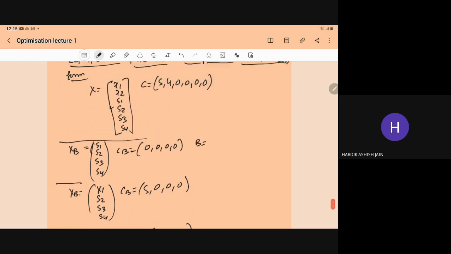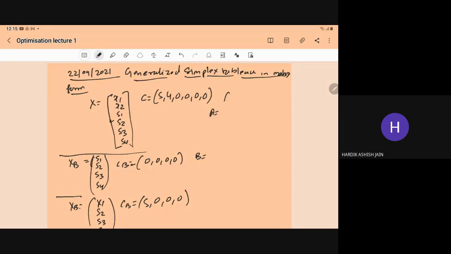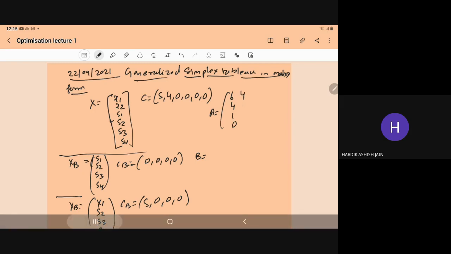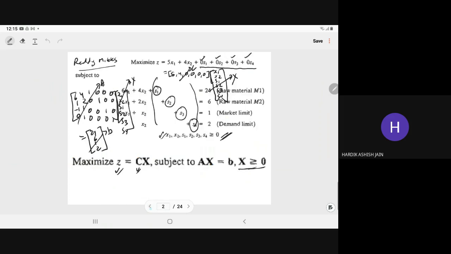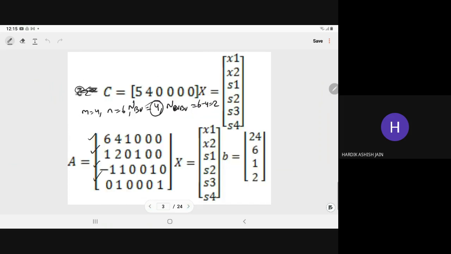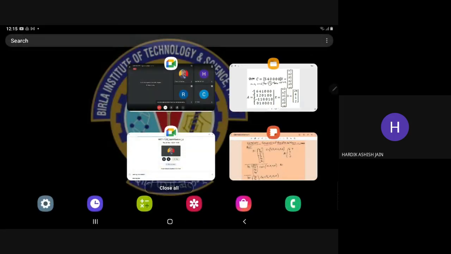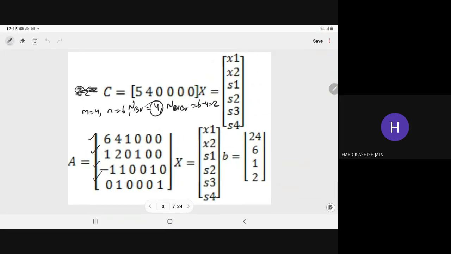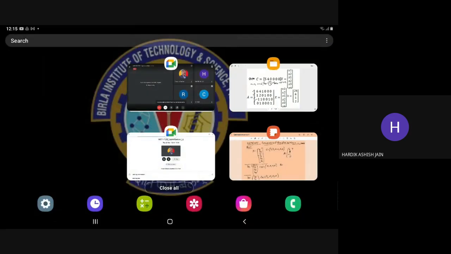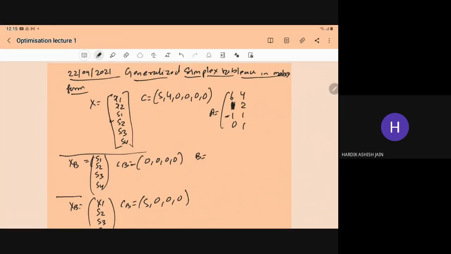Similarly, what is the original A? It is 6, 4, 1, 0, then 6, 1, minus 1, 0, then 4, 2, 1, 1, then 1, 0, 0, 0, 0, 0, 0, 1, 0, and 0, 0, 0, 1.